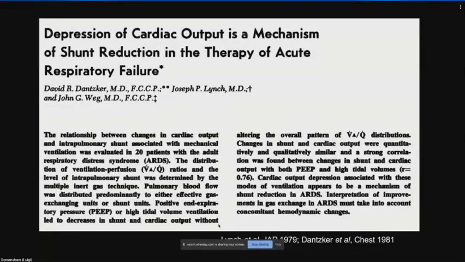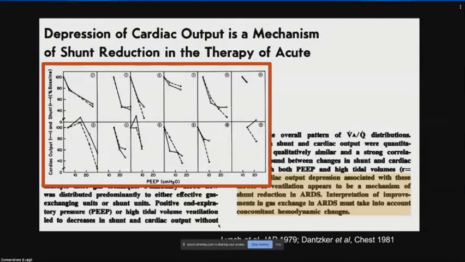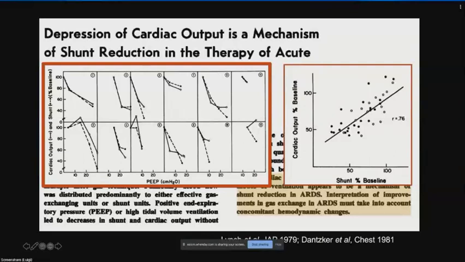You will remember this paper in 1979, which just basically shows how the use of CPAP may be associated with a depression in cardiac output. And as the cardiac output goes down, you can see with a different PEEP, then the shunt fraction goes down. And therefore, there is an apparent increase in PF ratio, which is exclusively related to a change in shunt fraction.